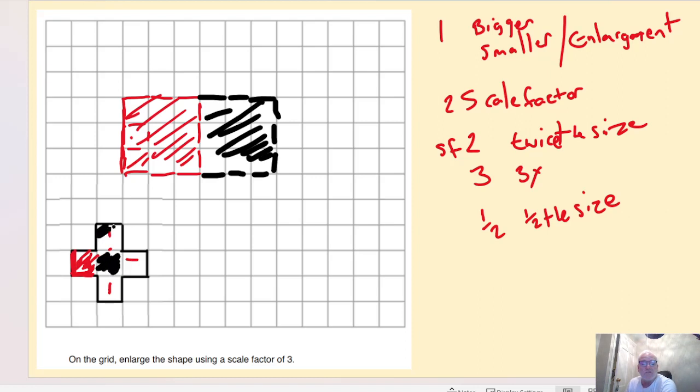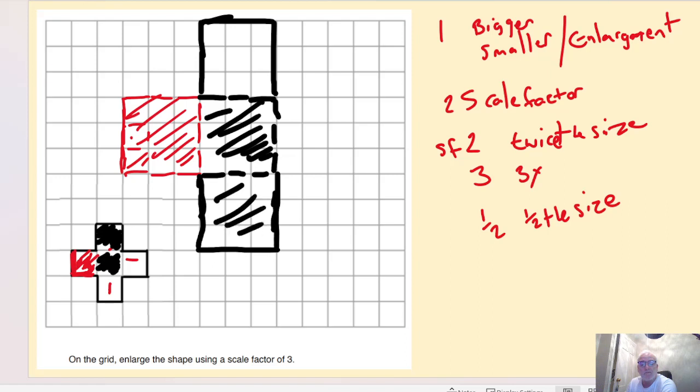Let's, in this colour, pop one up on the top, another square 3 by 3, and another one on the bottom, 3 by 3. So we've now done the 3 middle squares.